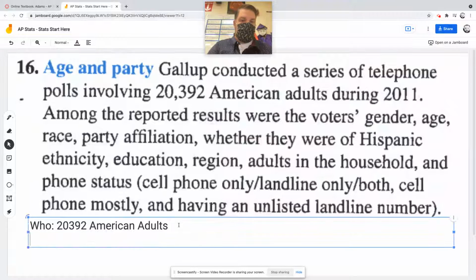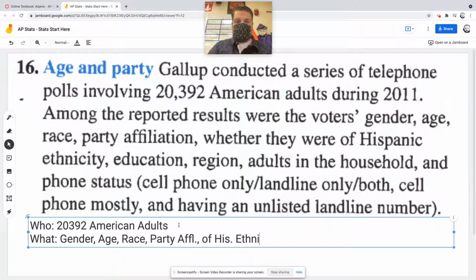Then who is the what? Gender, age, race, party affiliation. What is it? Of Hispanic ethnicity.